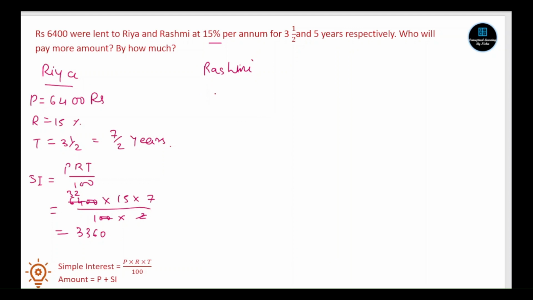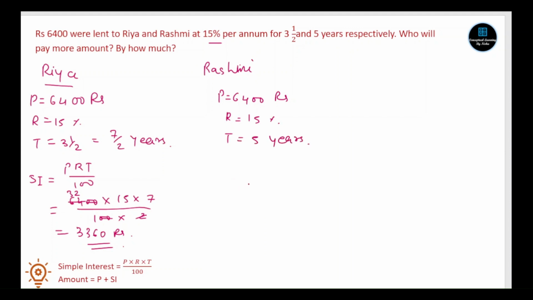Okay, now Rashmi. So principal is same, 6,400 rupees. Write the unit always, okay, don't forget. Rate of interest is 15%. Then time period is given, 5 years.